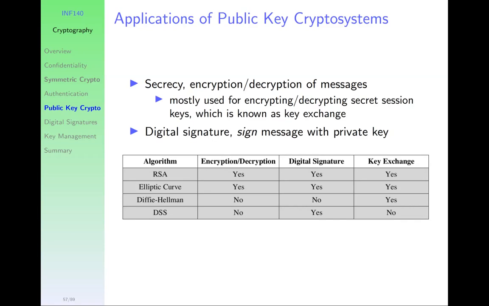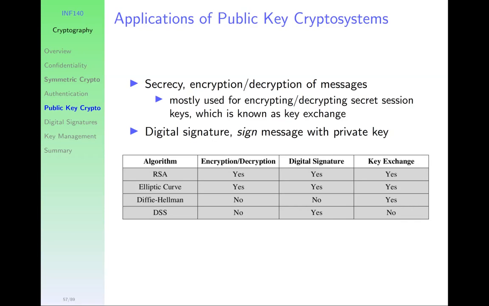One is secrecy, for confidentiality, where the sender encrypts the message with the receiver's public key. Another is called digital signature, by signing a message. So Alice encrypts the message with Alice's private key and then sends the output to the recipient, Bob.